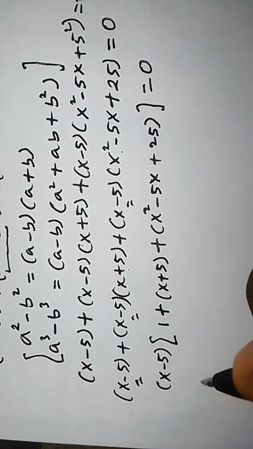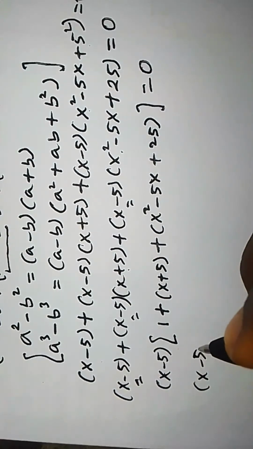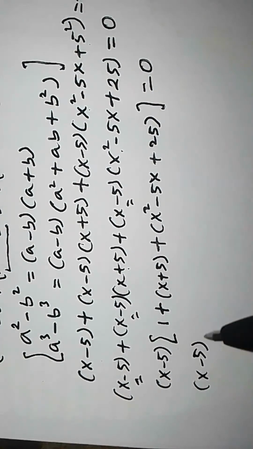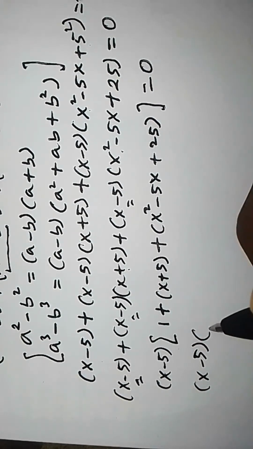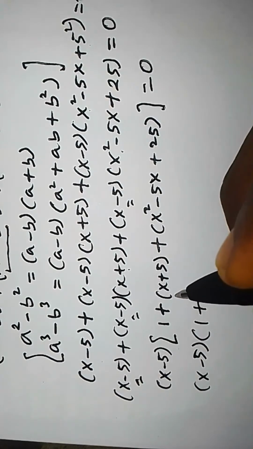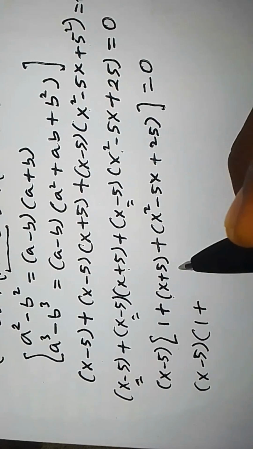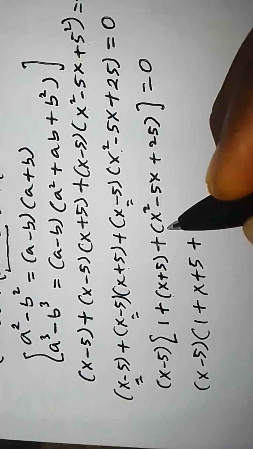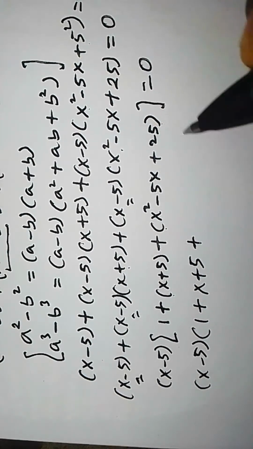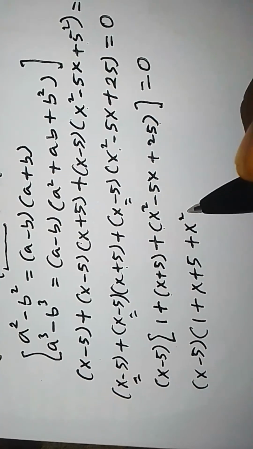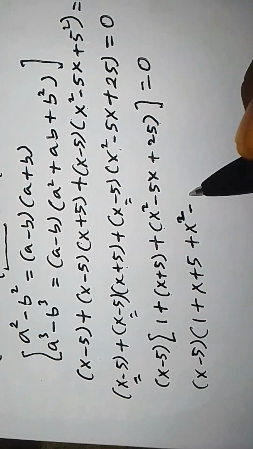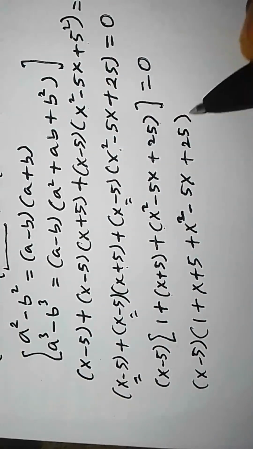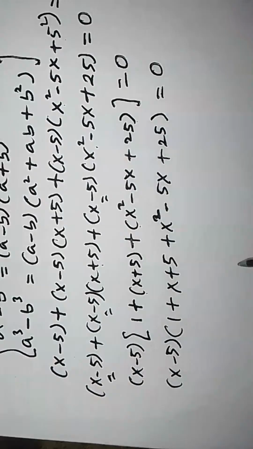Let's proceed further. Now let us drop these square brackets. So we have 1 plus, dropping these round brackets, we have x plus 5 plus, dropping this round bracket also, we have x square minus 5x plus 25 equal to 0.